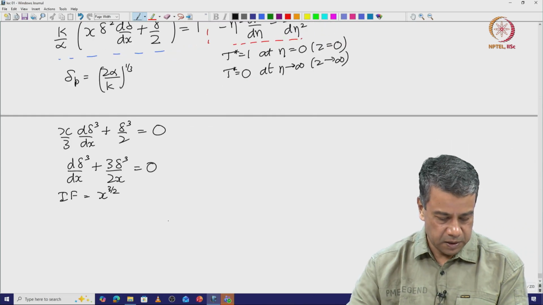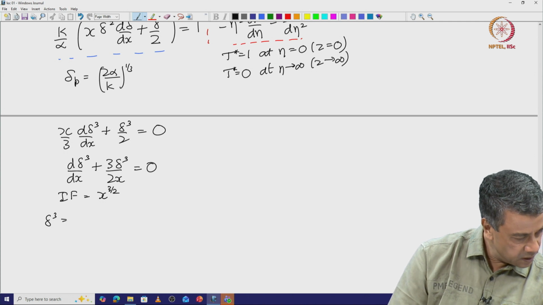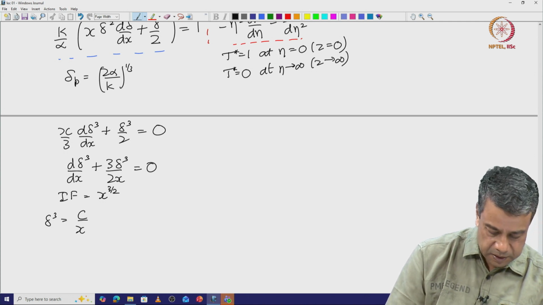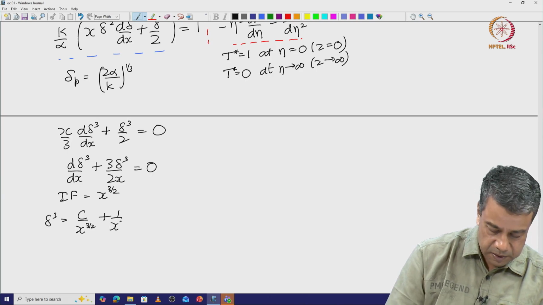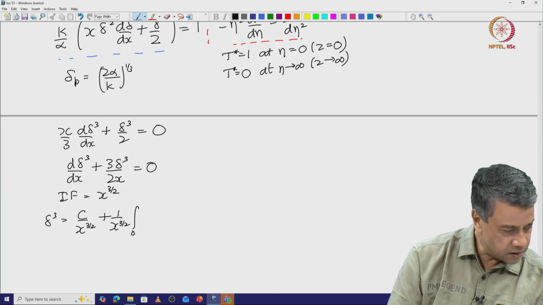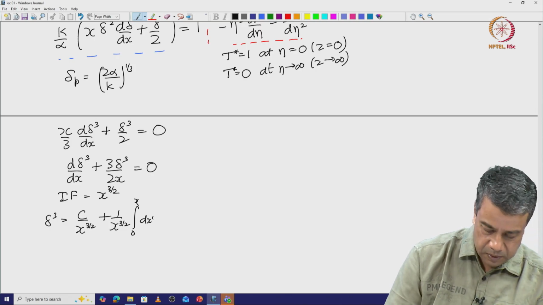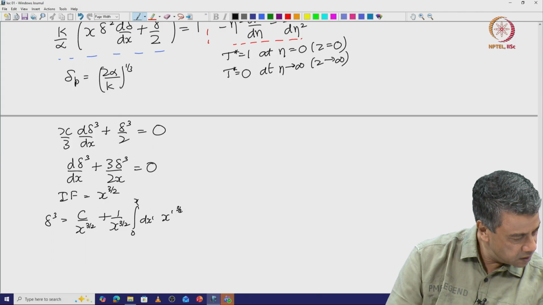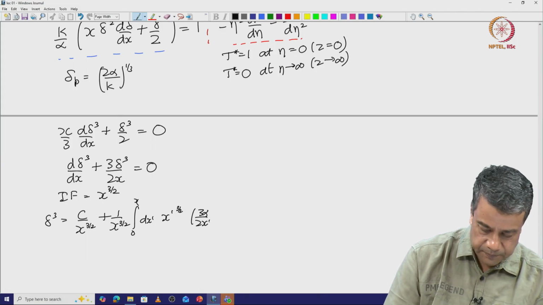So, the solution is delta cubed is equal to constant by x power 3 by 2 plus 1 by x power 3 by 2 integral 0 to x dx prime into x prime power 3 by 2 into 3 alpha by 2 x prime.